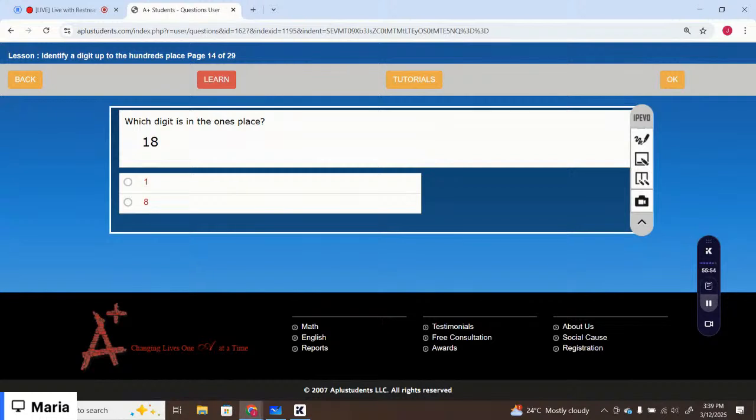Which digit is in the ones place? 8 is at the ones place. Okay, you can complete the lesson by yourself today.